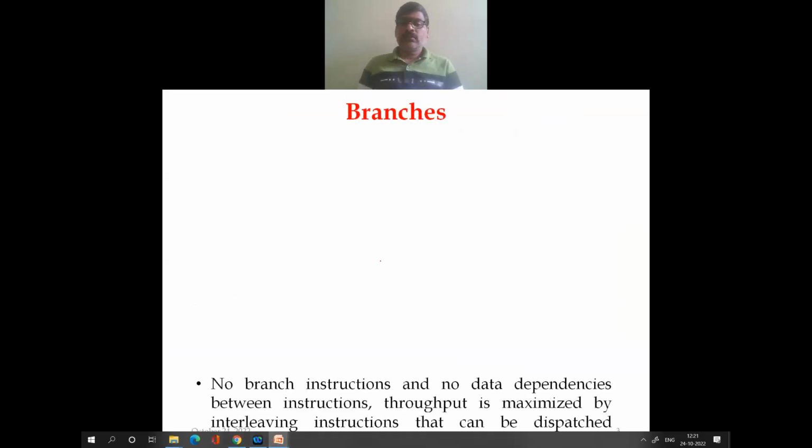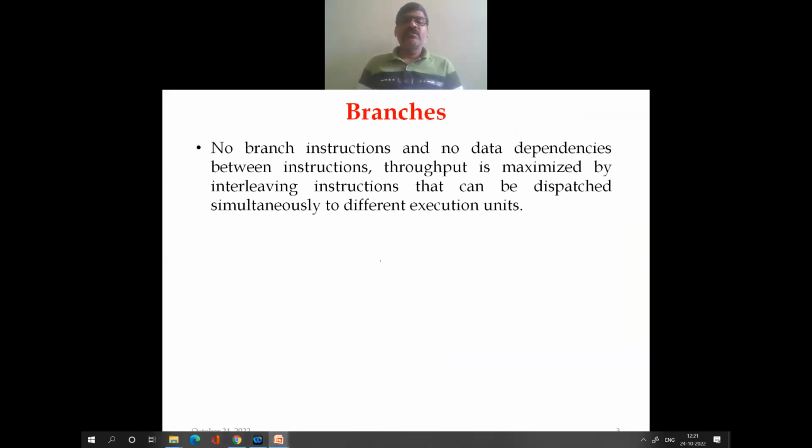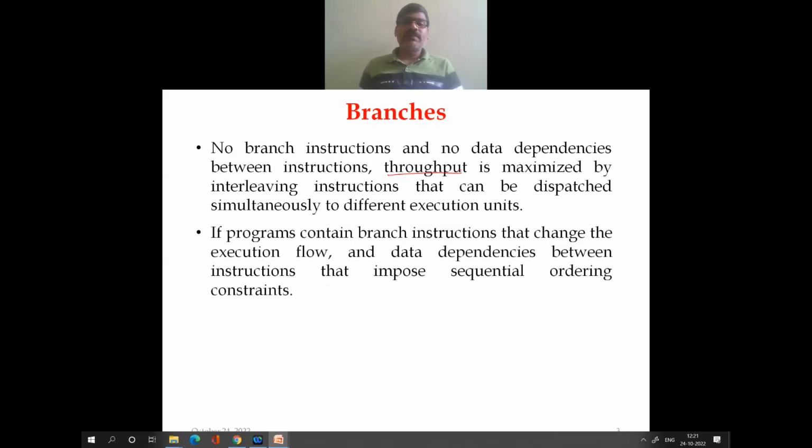So branches: if you consider no branch instructions and no data dependencies between the instructions, we already saw that the throughput is always maximum by executing the instructions in an interleaved manner. If a program contains branch instructions that change the execution flow, and data dependencies between the instructions are there, this imposes a sequential ordering constraint.